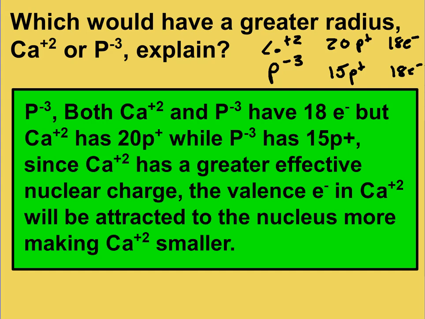So these are isoelectronic. They both have 18 electrons, so make sure you compare and contrast. They're the same by having 18 electrons, but calcium ion has 20 protons, while P-3 has only 15 protons. Since calcium has a greater effective nuclear charge, the valence electrons in calcium will be attracted to the nucleus more, making calcium plus 2 smaller.